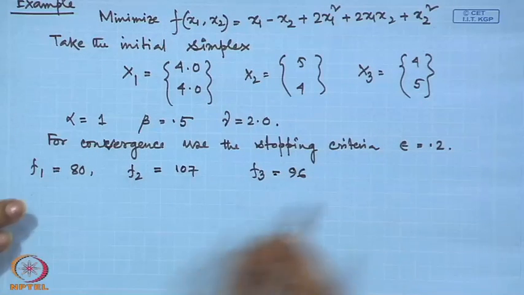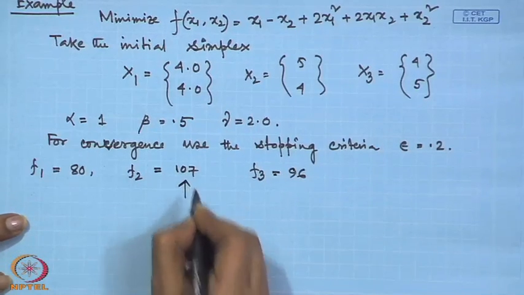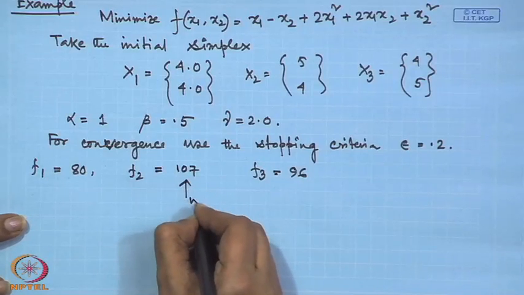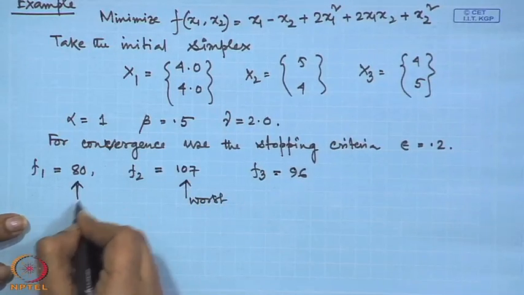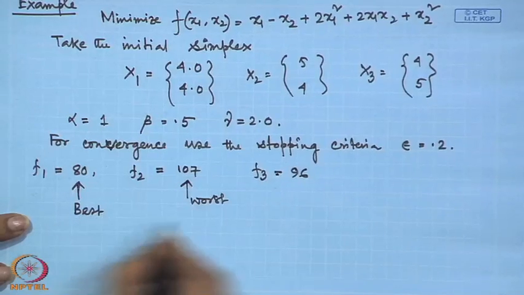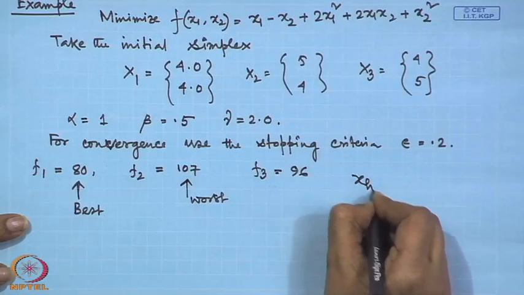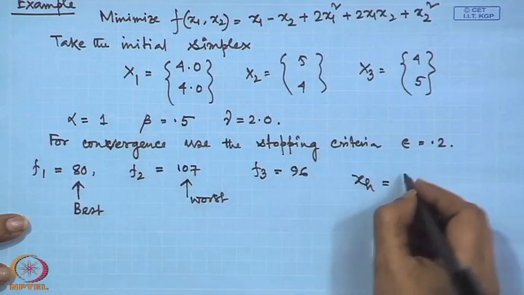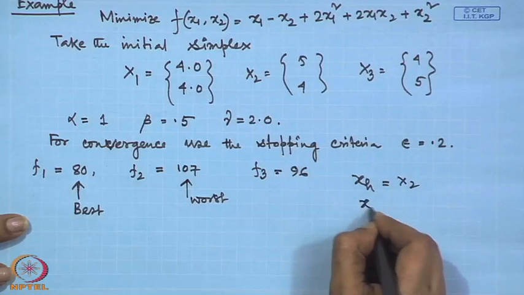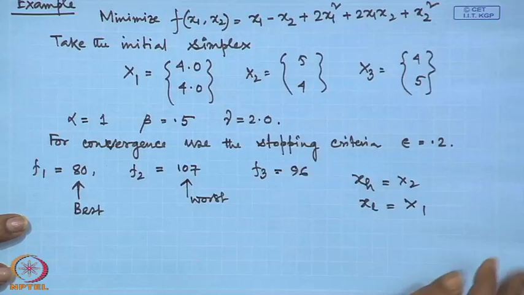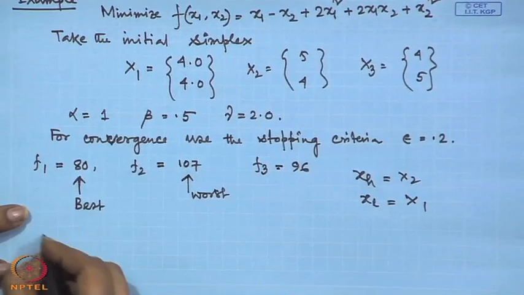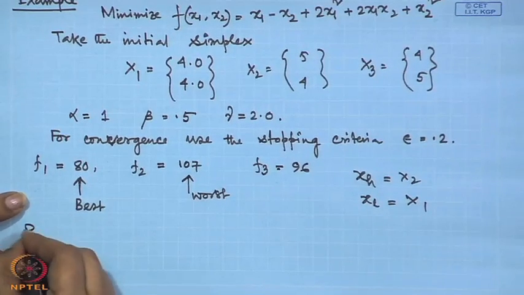If we look at the functional values, it is very clear that this is the worst alternative and this is the best alternative. That is why next we select xh, the highest one, as x2, and xl would be my x1.